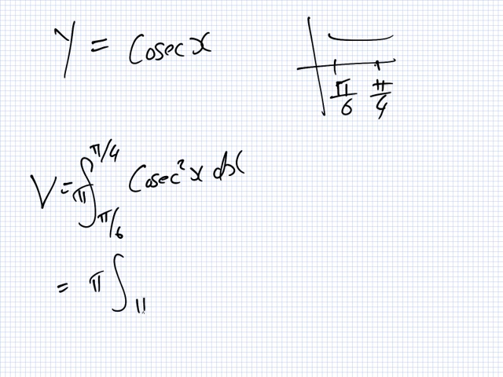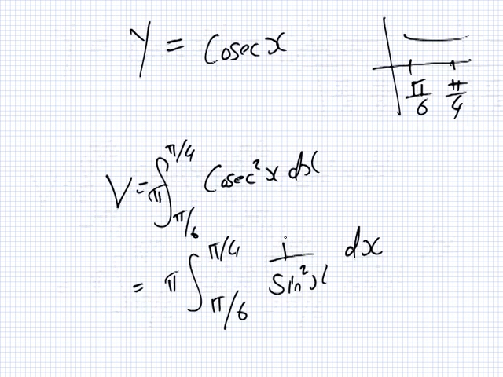Now, cosec squared is 1 over sine squared dx. Now, I think this is in the formula book, but is it cotan? There's a quick way for me to check if it's cotan. y equals cotan x, which equals cos over sine.